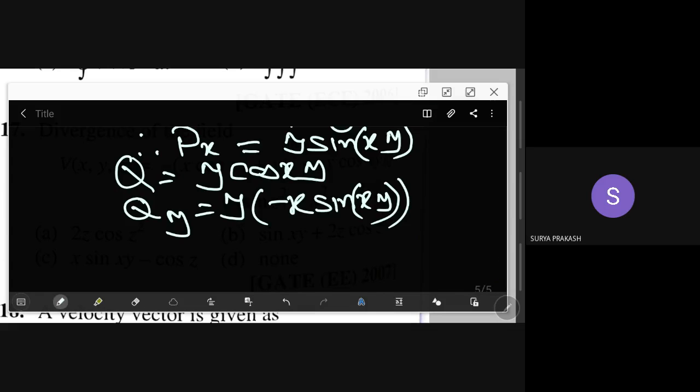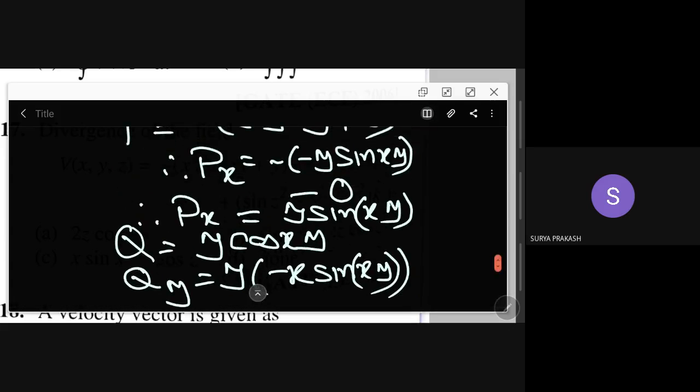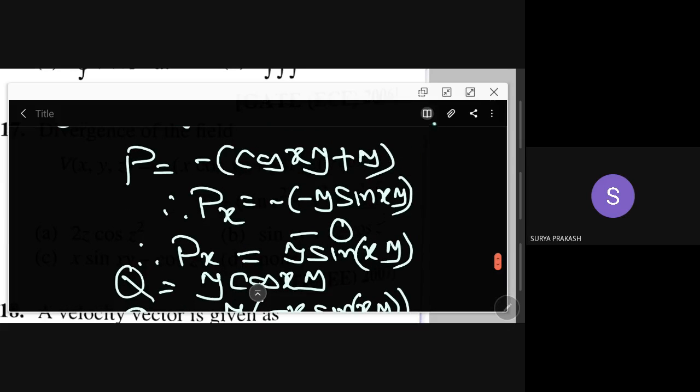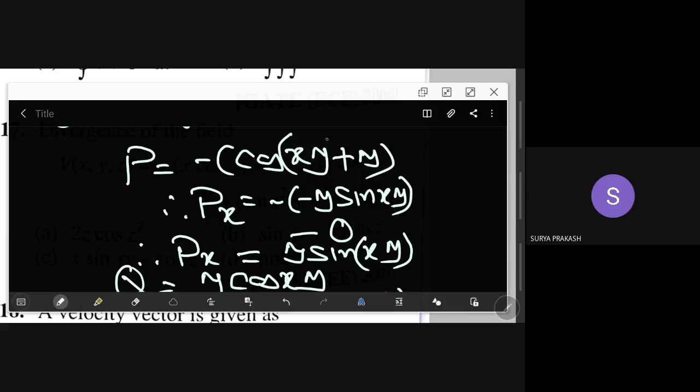In the above also, I am treating this as one object. That is why I am able to write like that. Otherwise, I cannot write like that.